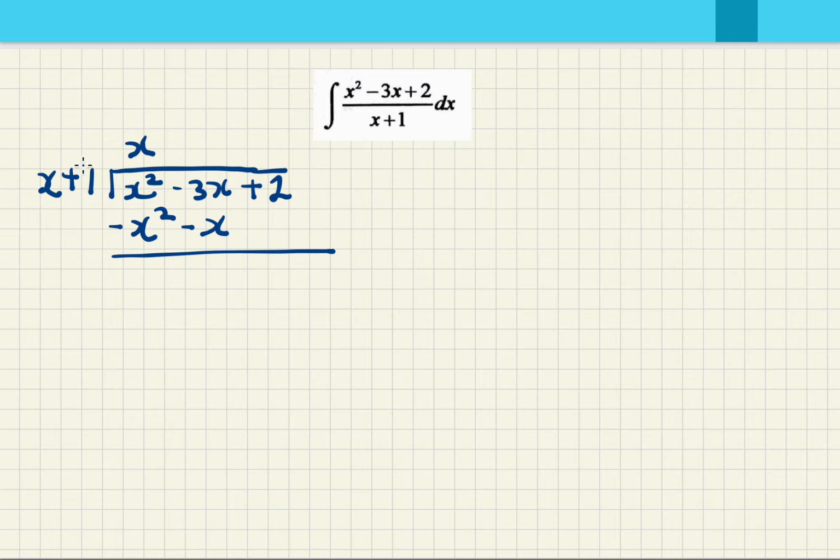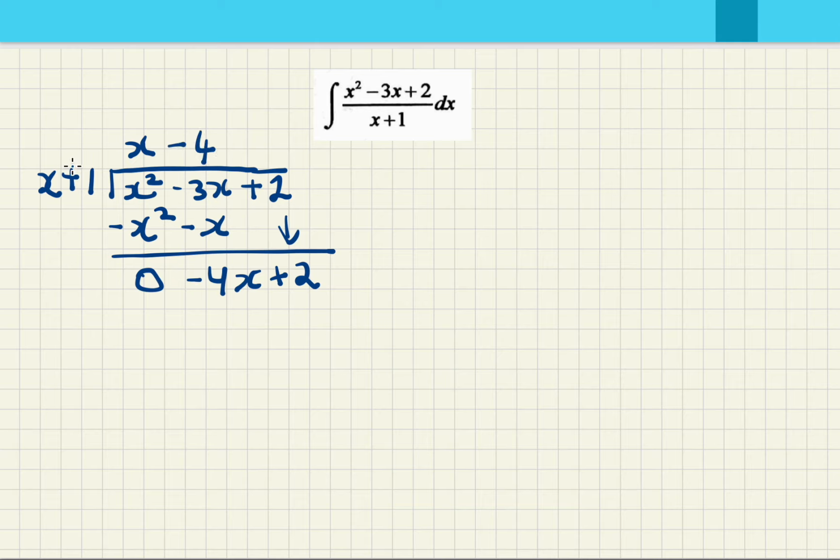And there are no more terms for us to multiply x by, so we can subtract. X squared minus x squared is 0. Minus 3x minus x is minus 4x. And you can bring the 2 down, just like in normal division. And now we can work with this. The leftmost term of this is negative 4x, and the leftmost term of this is x. What times x gives you negative 4x?